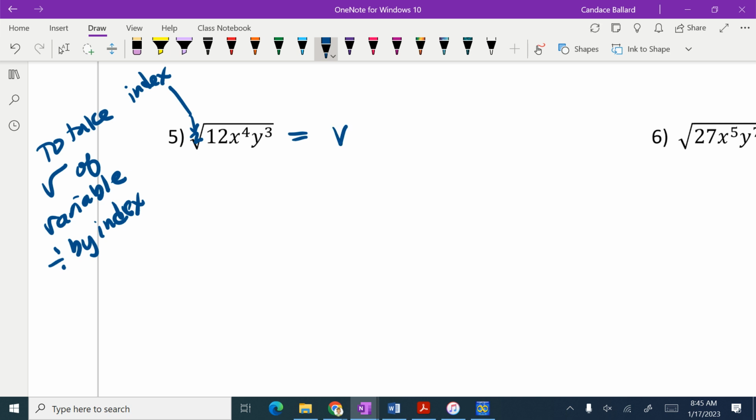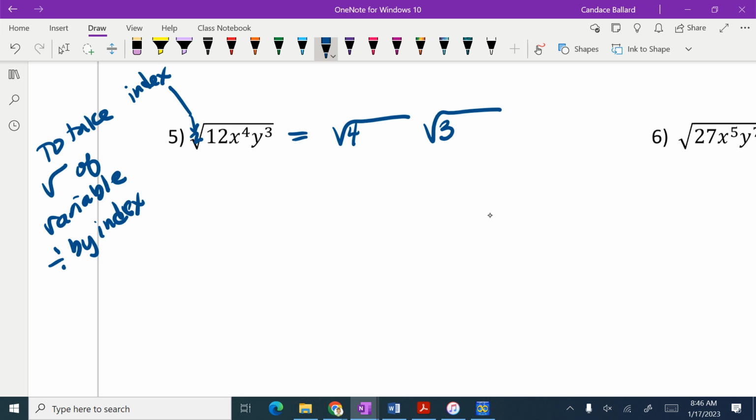Okay, so let's divide this up a little bit. I'm going to deal with my number first. Okay, so I'm going to go down my squares list. Does 4 divide 12? Yeah, how many times? 3. So that's got to be our biggest, right? Now I'm going to pull my highest even exponent I can.